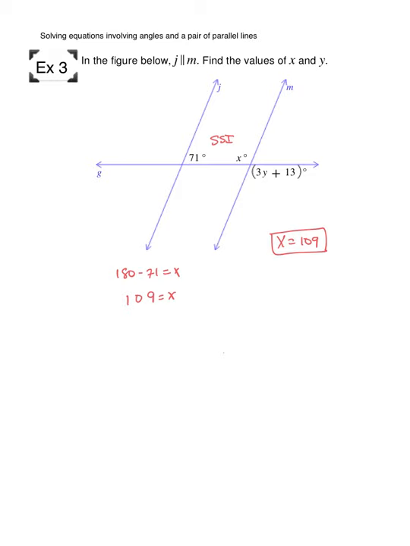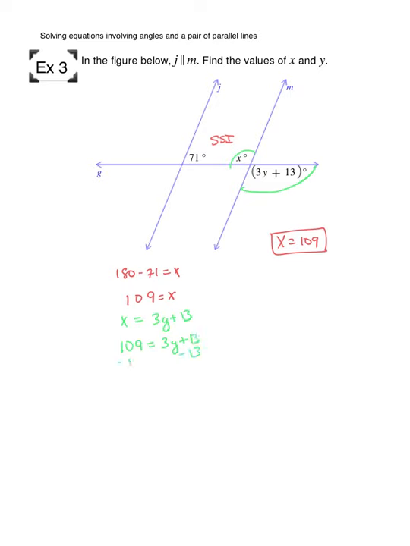But I also have to find y. Well, remember, x and 3y plus 13 are congruent because they are vertical angles. So x equals 3y plus 13. I know my x is 109. 109 equals 3y plus 13.